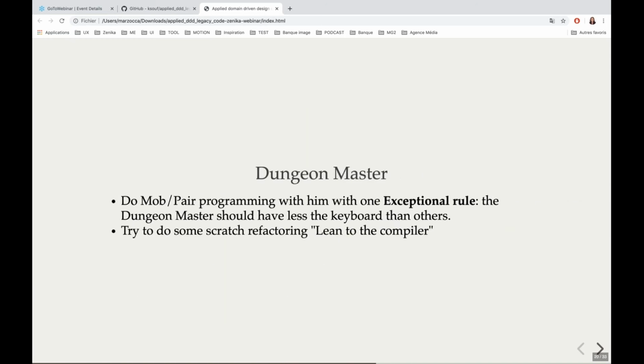Actually, one of the things that I do with the dungeon master when I spot them is doing some mob programming, some pair programming with him. With one rule: he doesn't have the right to take a keyboard and write something. He needs only to tell me, or tell the people that are with me, what they should write, because we're going to challenge what he says, and it's going to be a good practice to understand how it works.